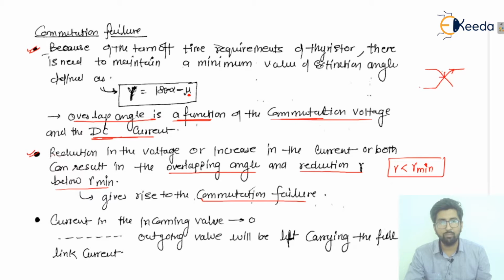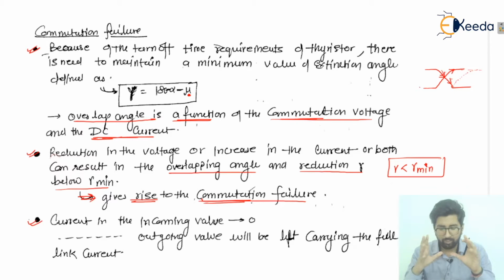But what is happening? It will do a reverse. Reverse commutation will happen, and it fails to commutate from valve number 1 to valve number 3. So that is called the commutation failure.